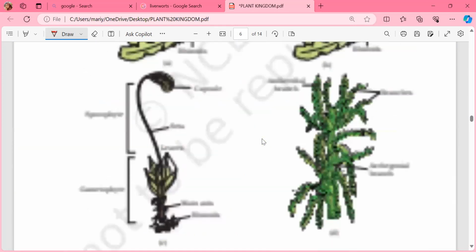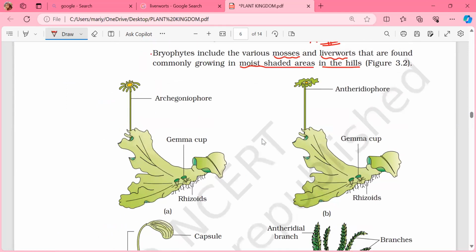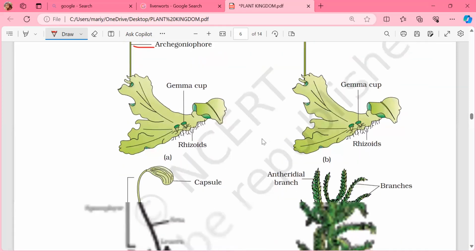Now, look, this is the archegoniophore, meaning it makes the archegonia, this one. And this one is the antheridium. Now, the antheridium would produce antherozoids. The archegonium will produce the egg. So now the antherozoids will be released in the water and they would reach the archegonia so that it can fertilize the egg.